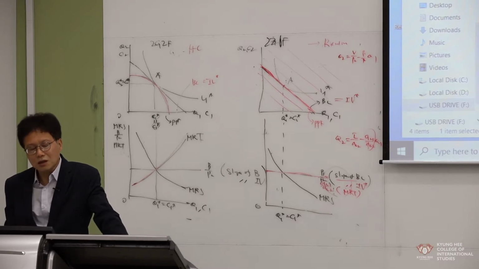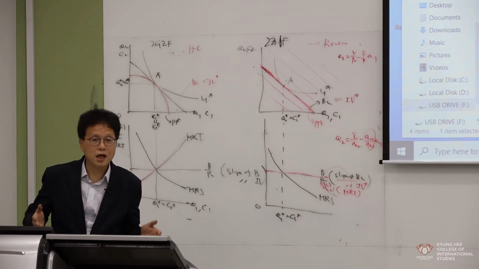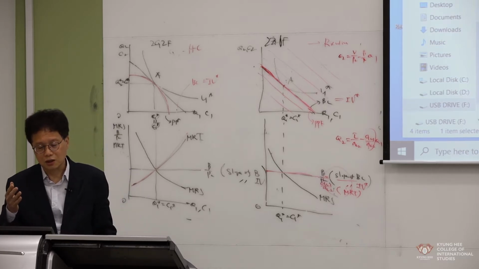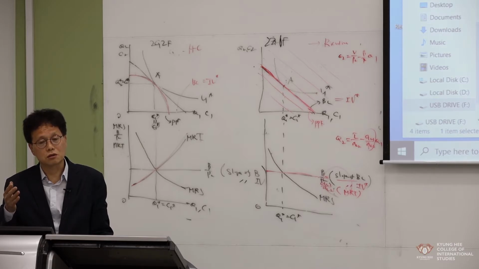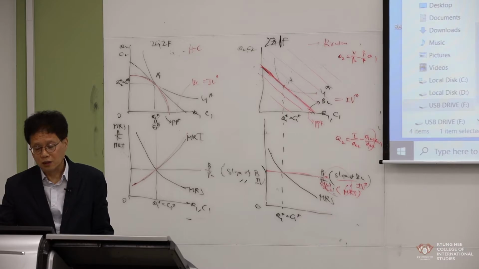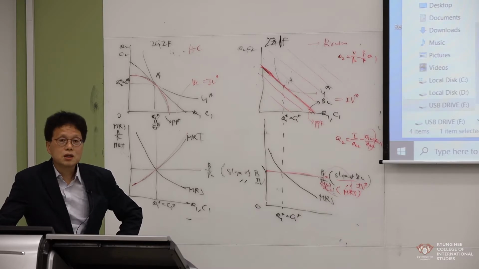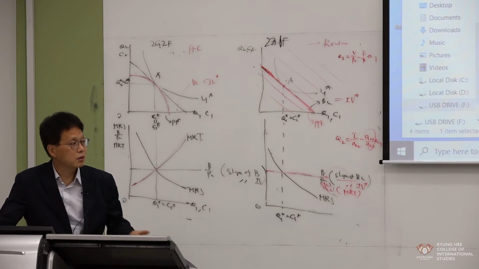What is this? Think about trade between Korea and Australia. Korea is a labor abundant country, right? Now think about the two good, two factor model. The two goods are Q1, Q2, C1, C2. The two factors are labor and land, for example, right? Korea is a labor abundant country, with relative labor supply higher than in Australia, a land abundant country.